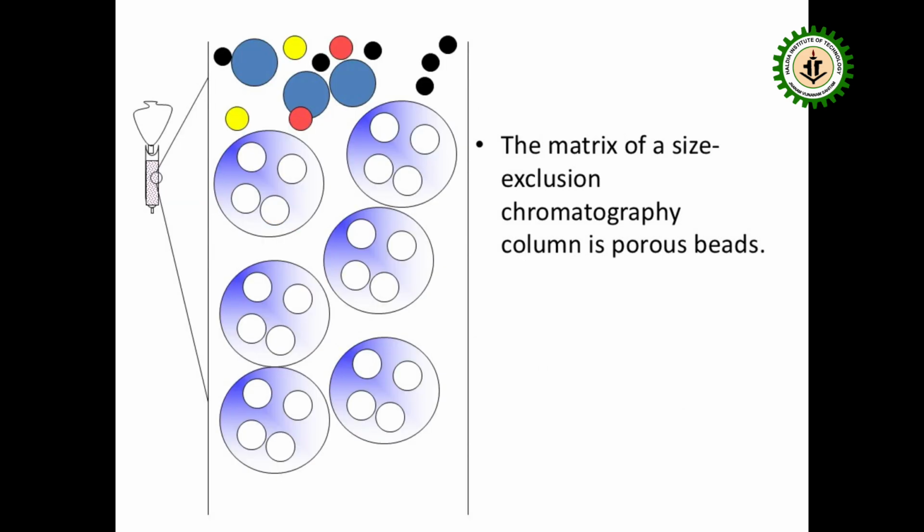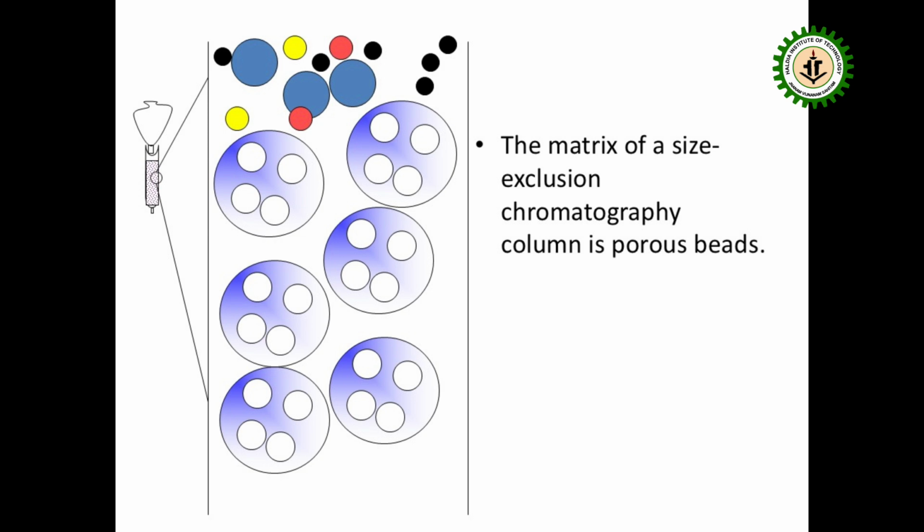The matrix of a size exclusion chromatography column is porous beads. The larger green proteins can't fit in the pores, so they flow faster. The red and yellow medium-sized proteins get trapped in the pores.